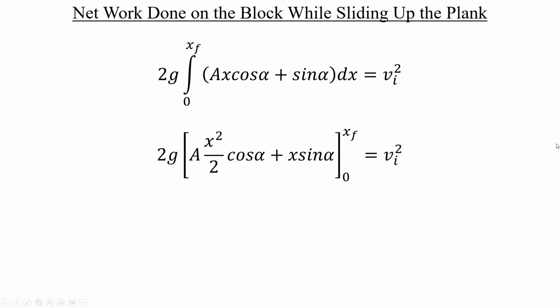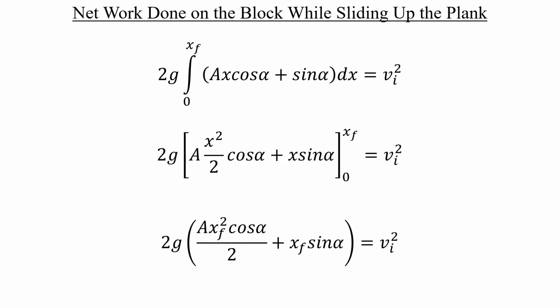The integral of x in the first term will just become x squared over 2, and the integral of 1 from the second term will just attach an x onto the sine of alpha. We can save some time and just evaluate at this final endpoint only, since the other endpoint of 0 just makes everything go to 0 for that portion. In the end, we'll get this.